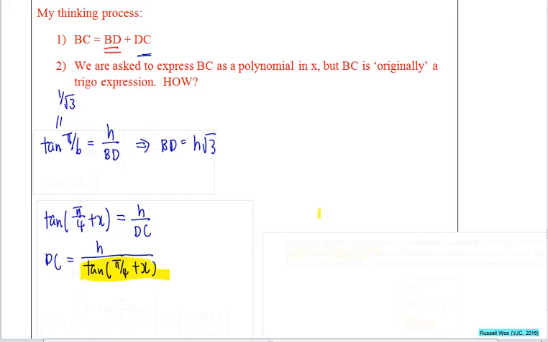I cannot use Maclaurin's expansion here because if x is sufficiently small, pi over 4 plus x is not small. I say one more time, x is sufficiently small, but pi over 4 plus x is not sufficiently small. Cannot use small angle approximation now. The approach is to make it in terms of tangent x.